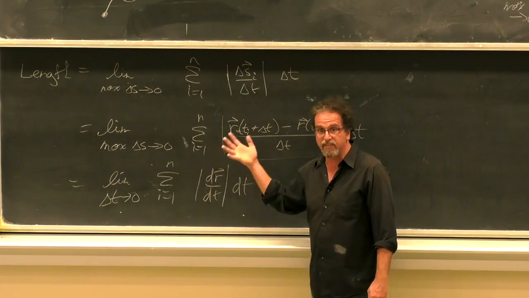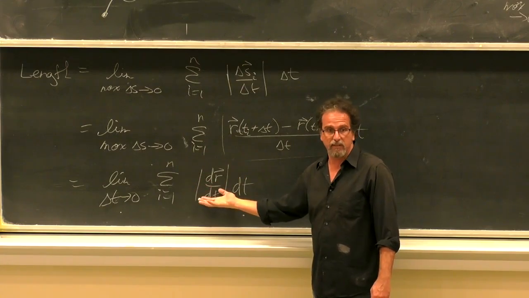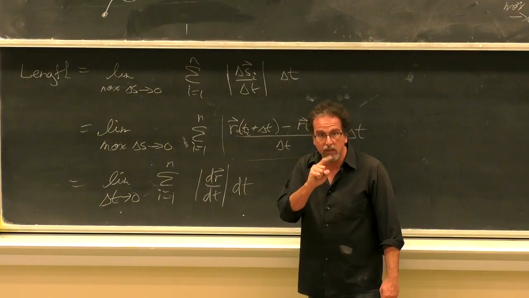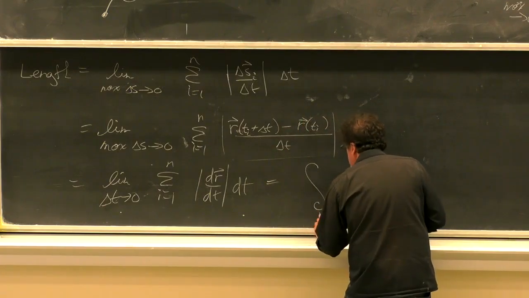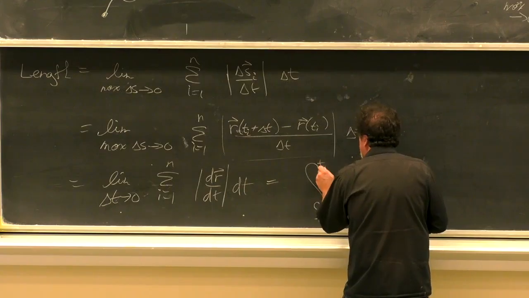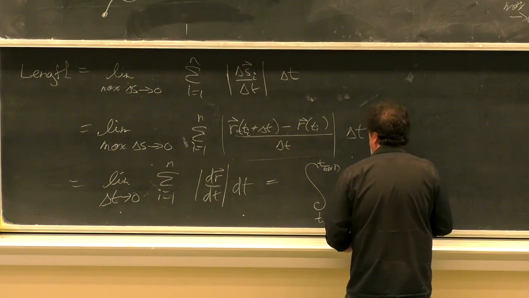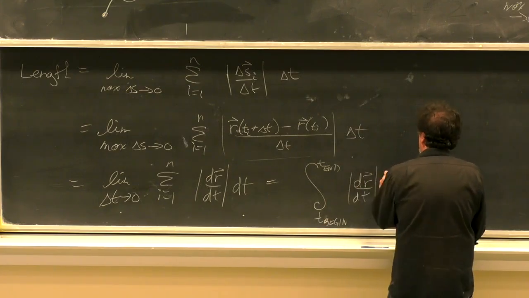So what you have staring at you is the integral. This is the definition of the integral in one dimension. Good old 21B integral. This is the integral from t begin to t end, from wherever your curve starts to wherever your curve ends, of the magnitude of dr/dt integrated with respect to t.